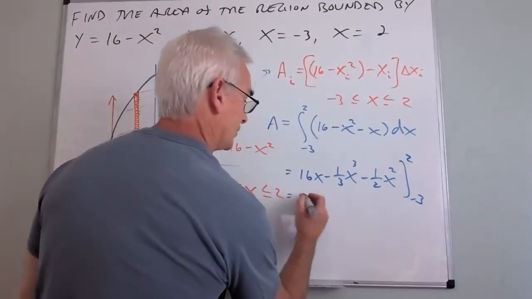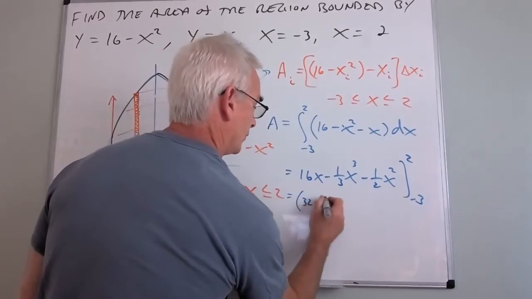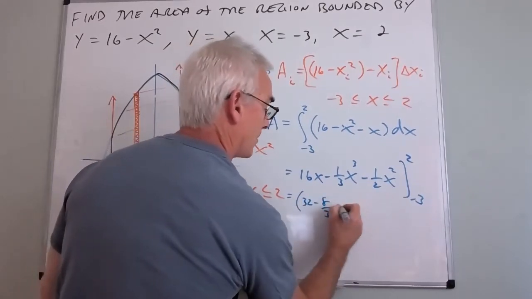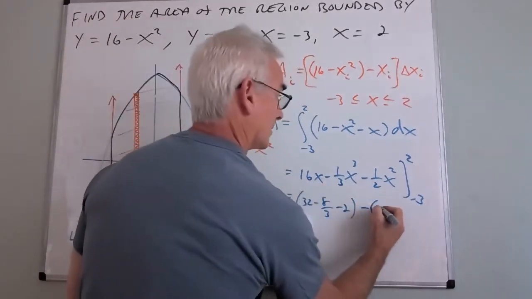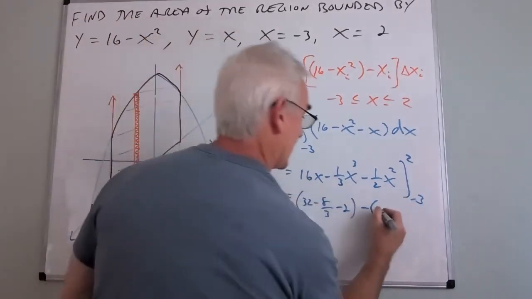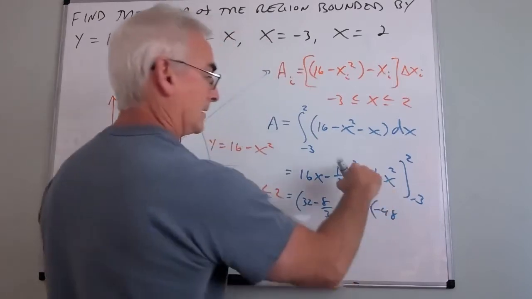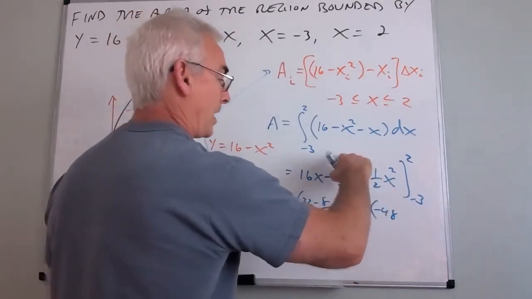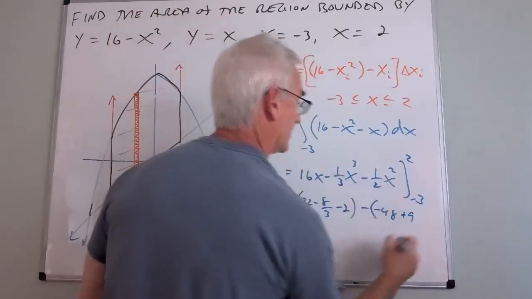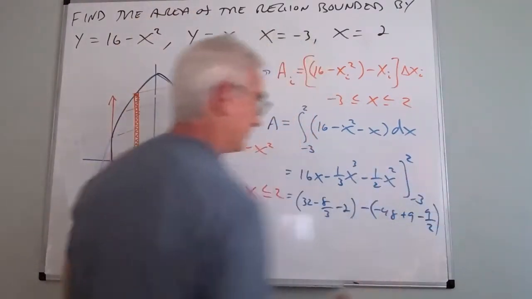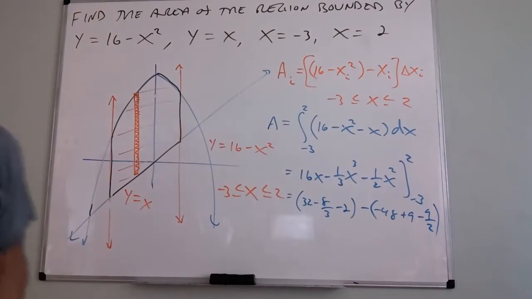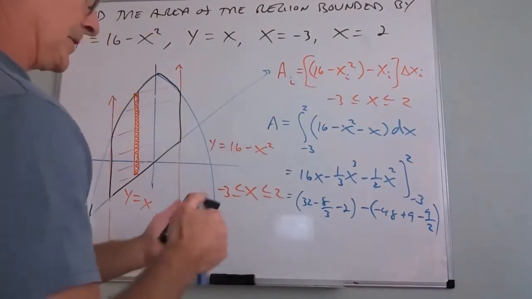Okay, so at 2, I'll have 32 minus 8/3 minus 2. And then at -2, I'm sorry, at -3, sorry, -48. And then here, positive 9. And then here, minus 9/2. Think I got that right? No, I'm just going to use my calculator, keep it easy.